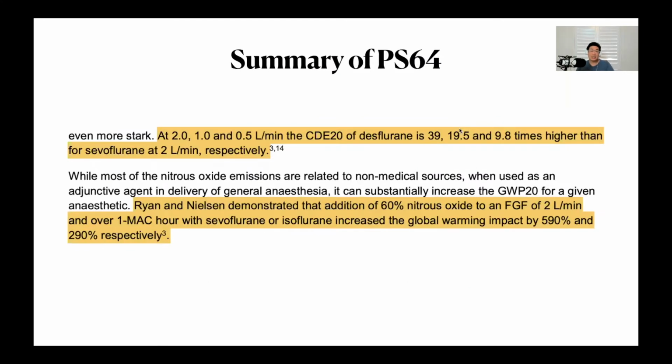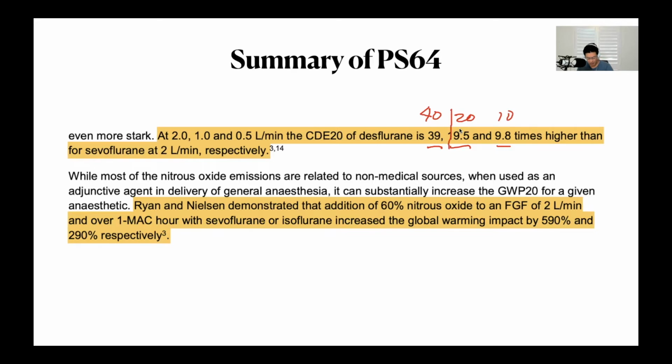Now, the other thing that PS64 writes is that at 2, 1, and 0.5 liters per minute, the carbon dioxide equivalents in a 20-year period of desflurane is 39, 19.5, and 9.8 times higher than sevoflurane at 2 liters per minute. And so I think you can round that off to 40, 20, and 10.